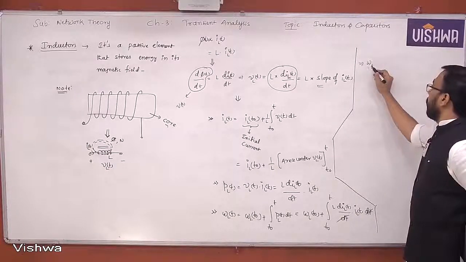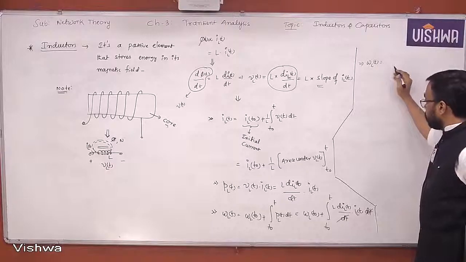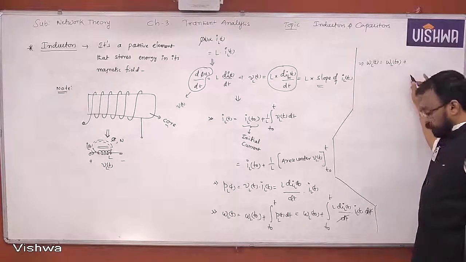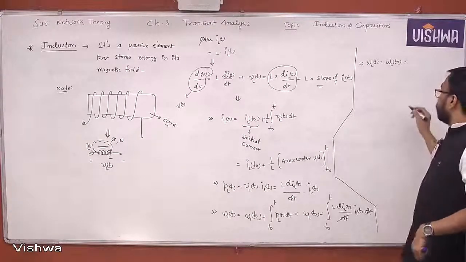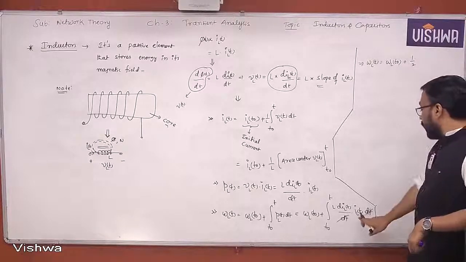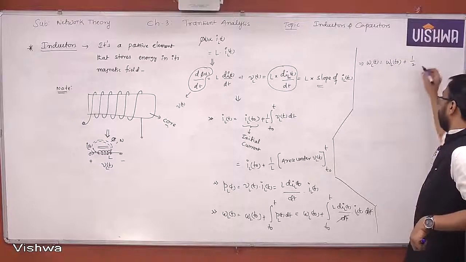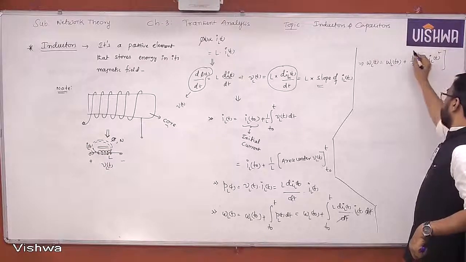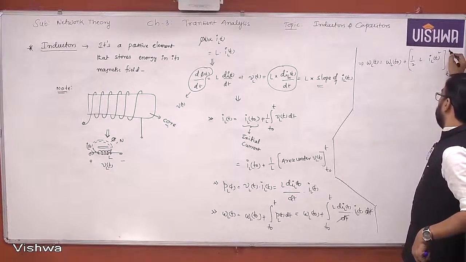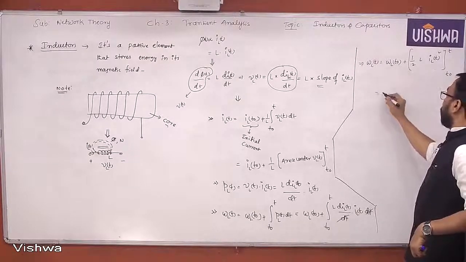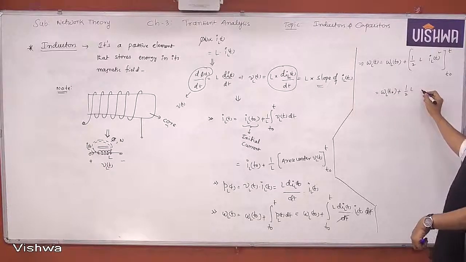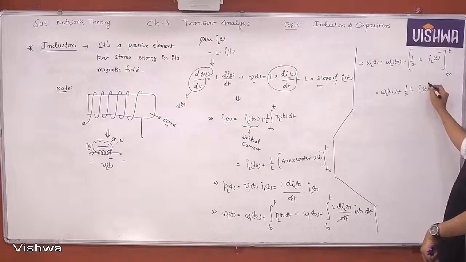From this, WL of T can be written as WL of T naught plus half, why half? Because I di is nothing but I square by 2 after integration. So L IL of T whole square over the limits T naught to T, that is half L into IL of T square minus IL of T naught square.